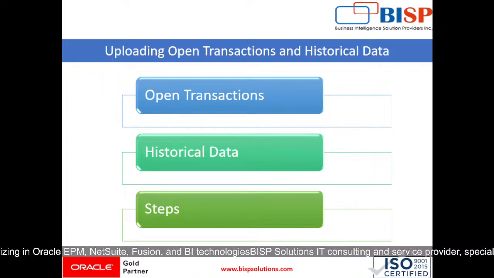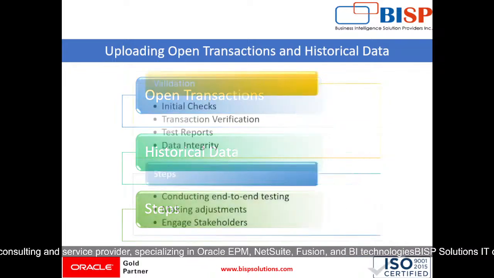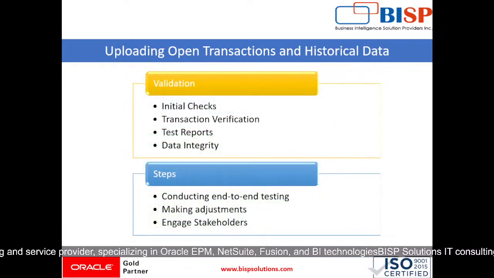Then we ensure the correct dates, amounts, and linked data, for example payment details for invoices, are accurately imported. We have to maintain consistency by mapping QuickBooks transaction types to NetSuite equivalents. Then comes our validation.